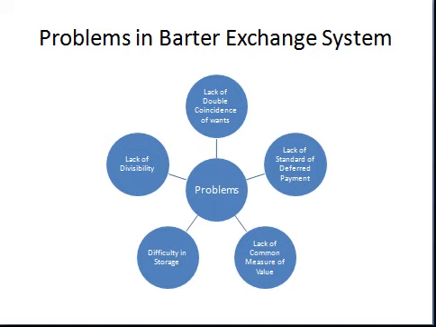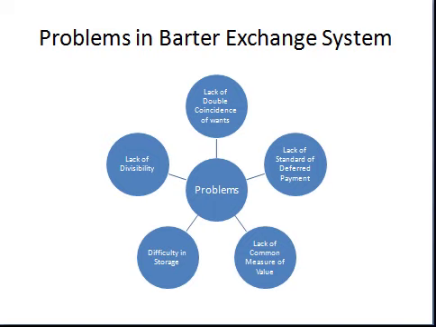The fourth problem related to the barter exchange system is difficulty in storage of wealth. In the present time, we are keeping our savings in a bank account and we may utilize our savings at any time. But in the earlier time there was non-availability of such facilities and the maximum part of the wealth was in the form of goods.